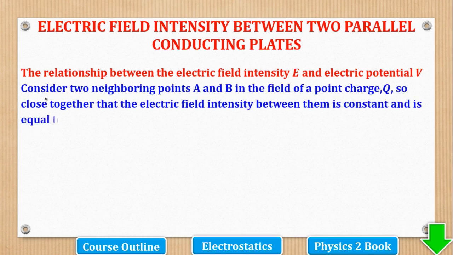Here we shall consider two neighboring points A and B in the field of a point charge Q, so close together, note this, close together, that the electric field intensity between them is constant. This condition is very vital and is equal to E as shown below. So we shall make an illustration.